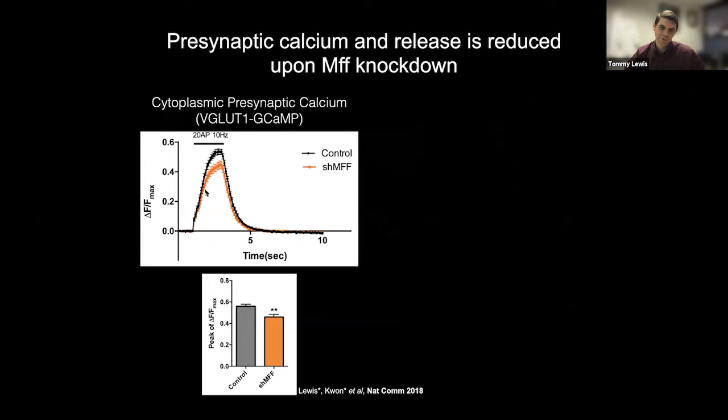And we can see here that when we target the GCaMP to the presynaptic space using VGLUT1, we get less accumulation of cytosolic calcium at the presynaptic site.